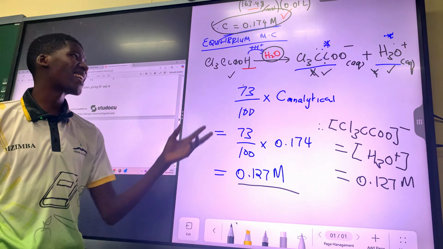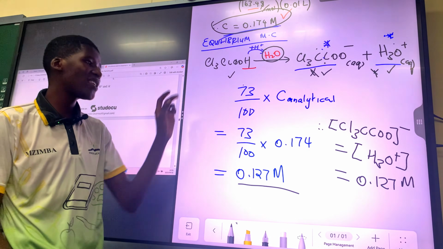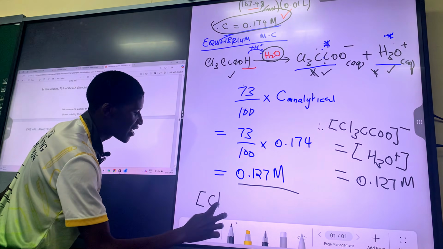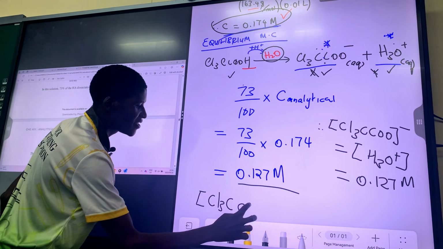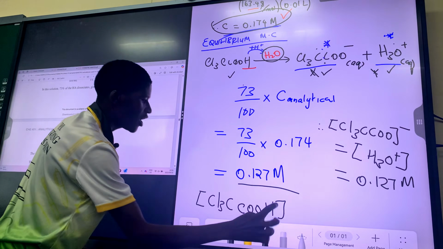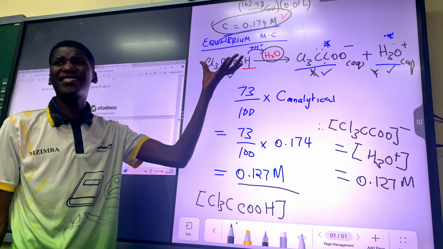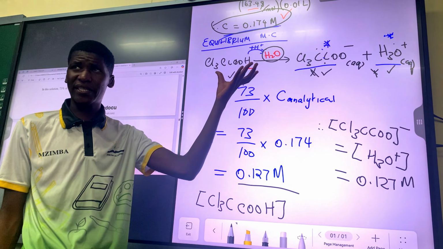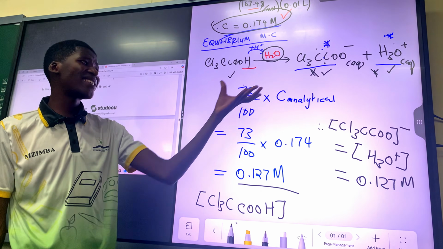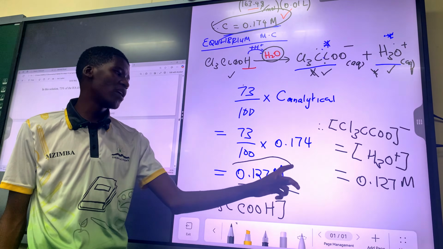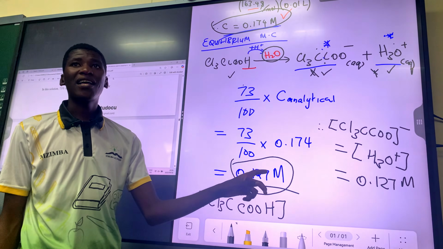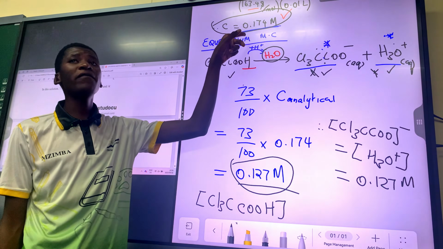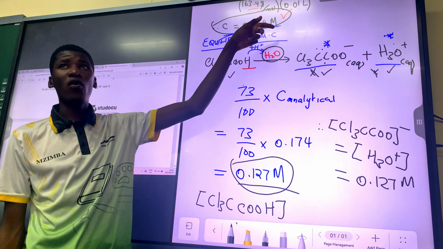What does that mean? It means the remaining one did not ionize, because we have said it's a weak acid. It doesn't ionize completely in water. So only 73%, which is equal to 0.127 molar, ionized from 0.174.